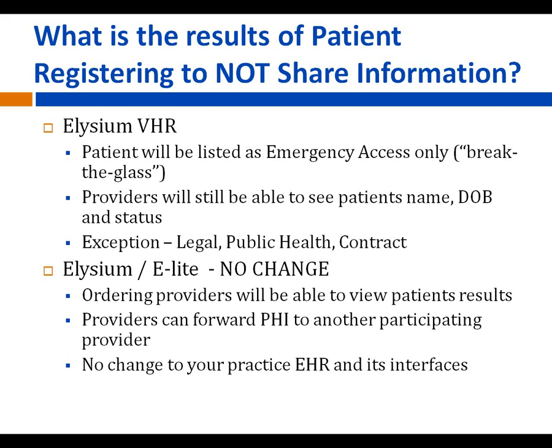And in that case, any provider that feels that they have an emergency reason to see the data anyway can do the break the glass. That will be a little button that says, I want to break the glass. I attest that I have a treatment relationship with this patient and it's an emergency. I want to see their data, even though they've said no.